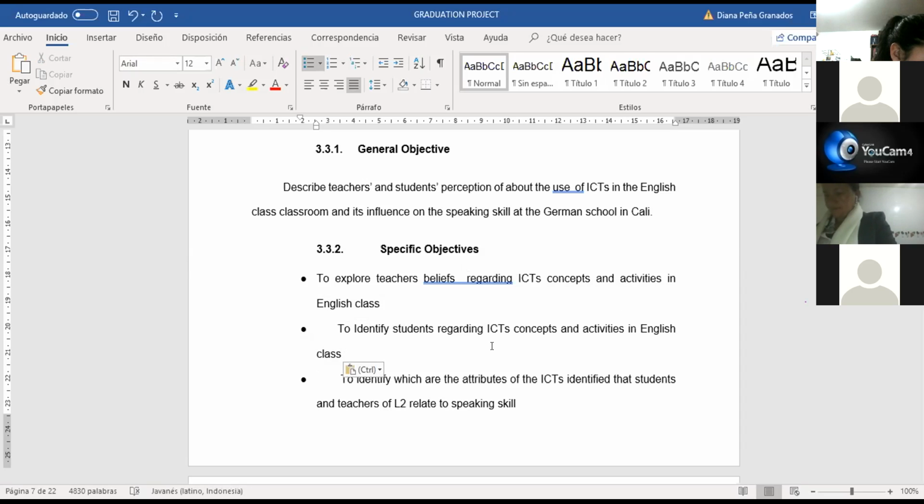I have the file that you sent us. To analyze, okay, thank you. Understand, recognize, well, we already have explore. The last one would be related to the speaking skill, right?